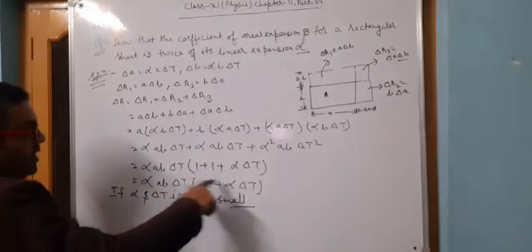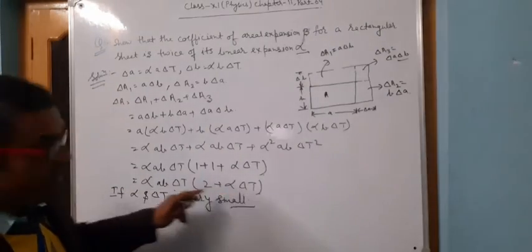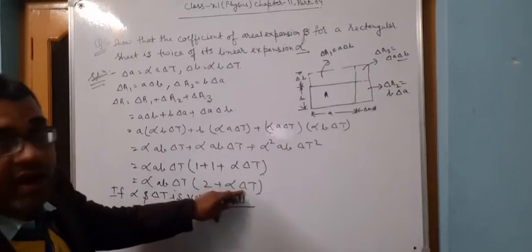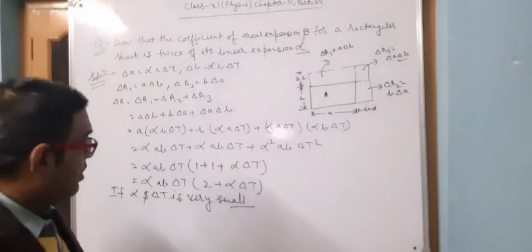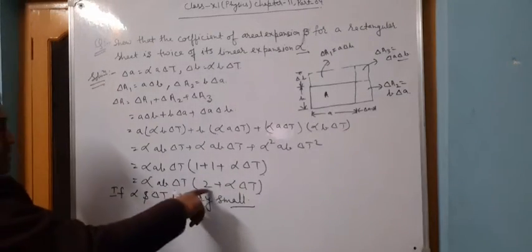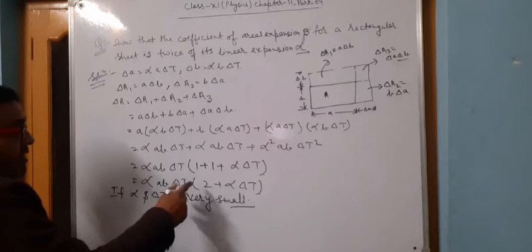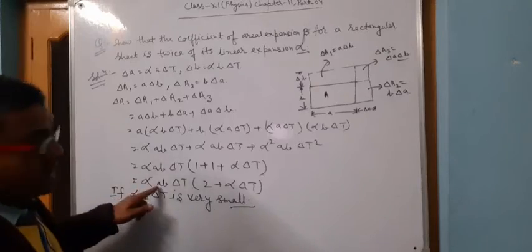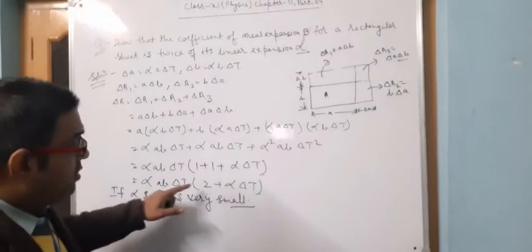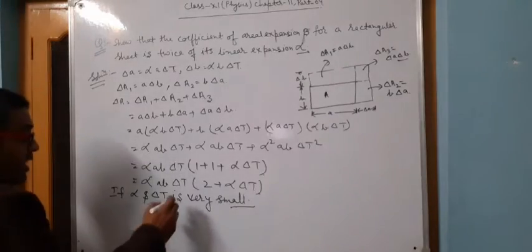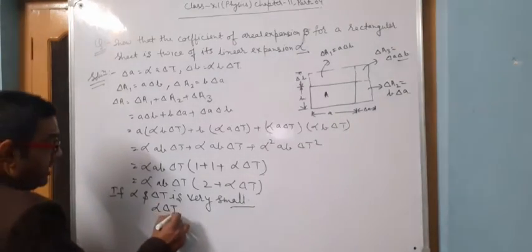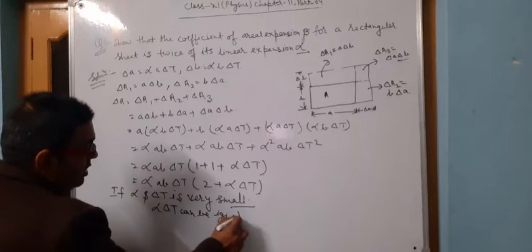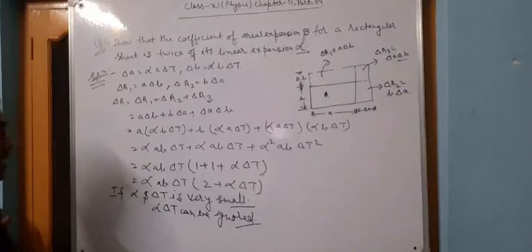And if you multiply alpha into delta T out by opening the bracket, it becomes alpha square into delta T square, which is very much smaller. Here this quantity is added to 2 in 2 plus alpha delta T, and adding it to 2 hardly changes the value. So this quantity is very small, and so alpha into delta T can be ignored.